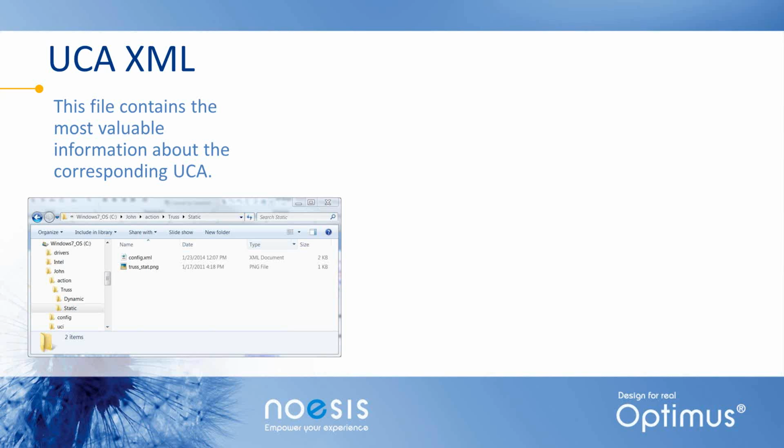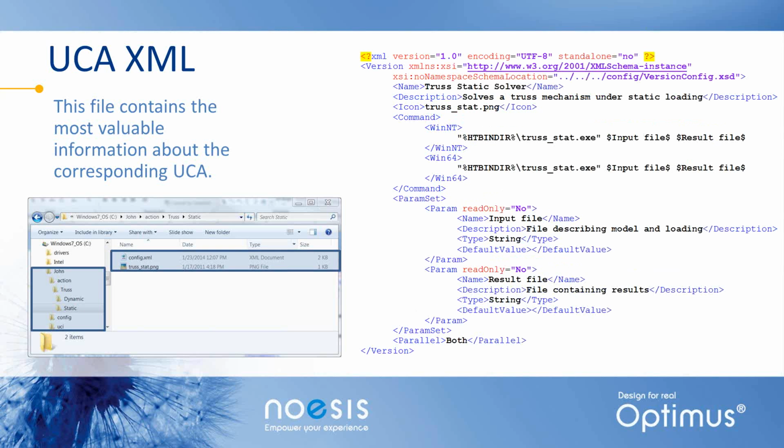Let's enter the static directory. The config XML file included in this directory contains the most important information about the corresponding UCA. So let's see how the config looks.